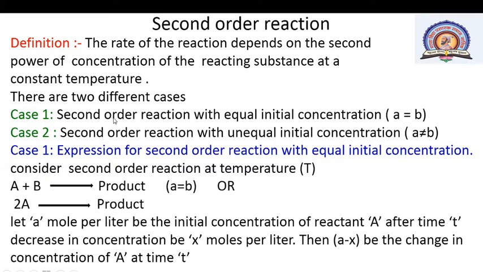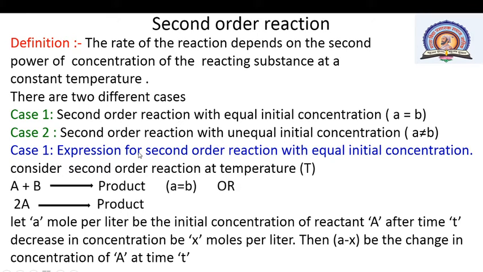Case 1, second order reaction with equal initial concentrations, that is a equals b, and case 2, second order reaction with unequal initial concentrations, that is a is not equal to b.